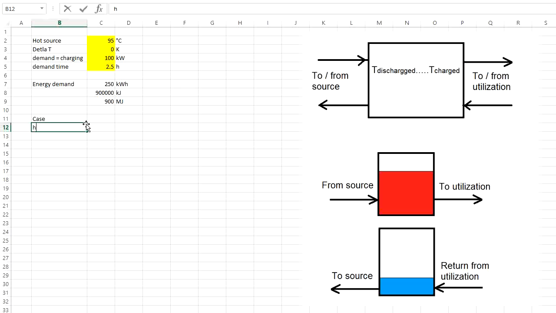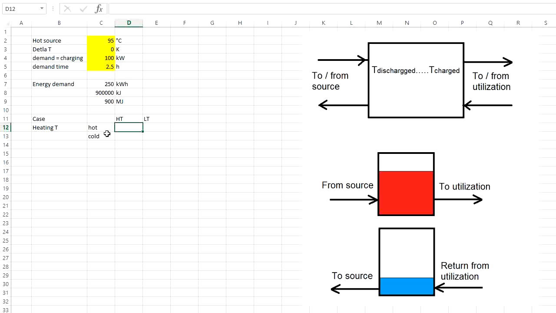So we will have heating temperature, for the hot output, hot required temperature for the heating, and then cold return from the heating. And we will have the case high temperature heating and low temperature heating.